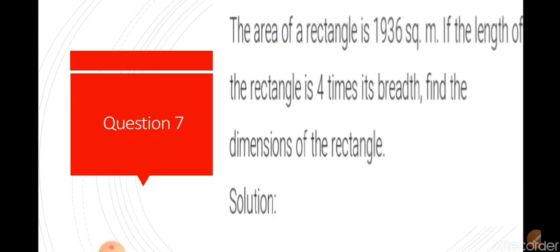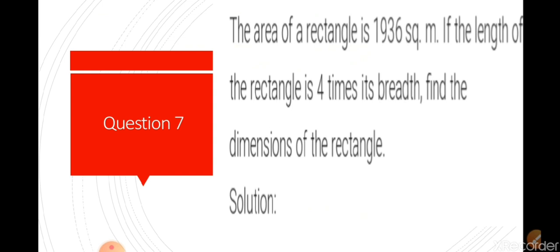Now question number 7. The area of a rectangle is 1936. If the length of the rectangle is 4 times its breadth, find the dimensions of the rectangle.